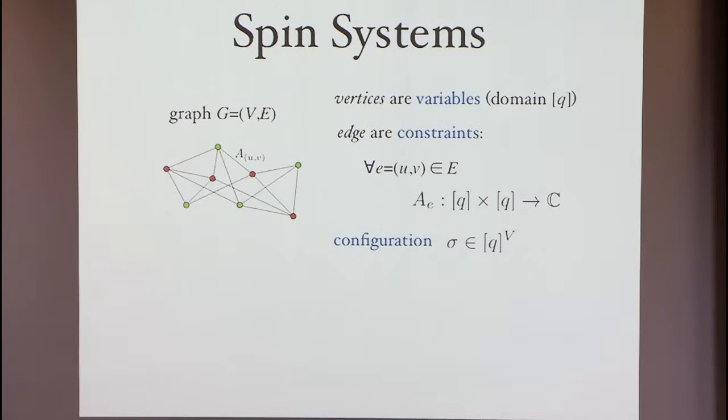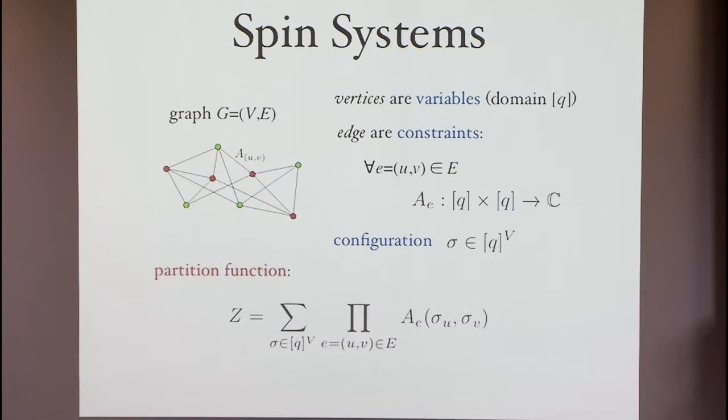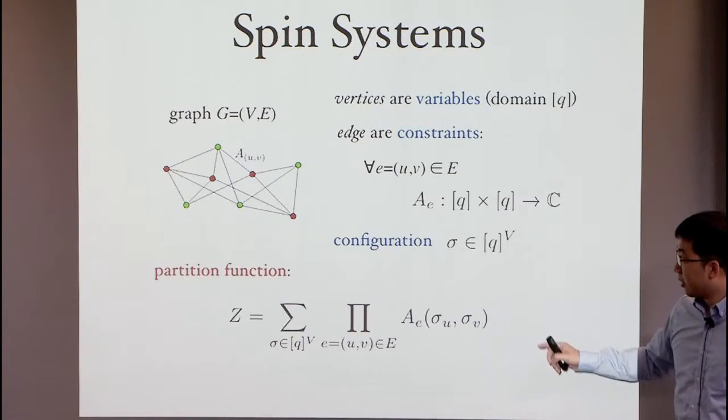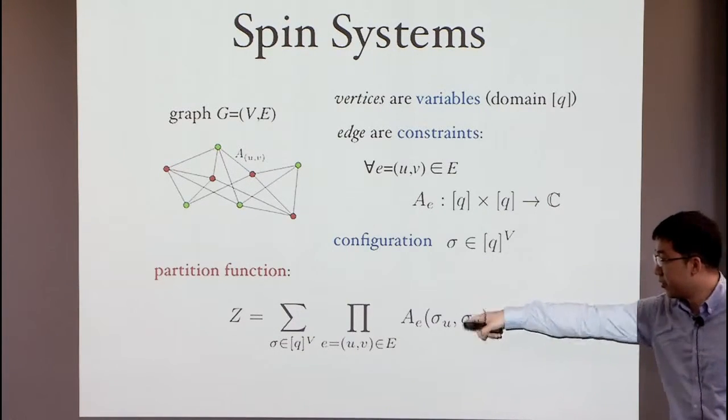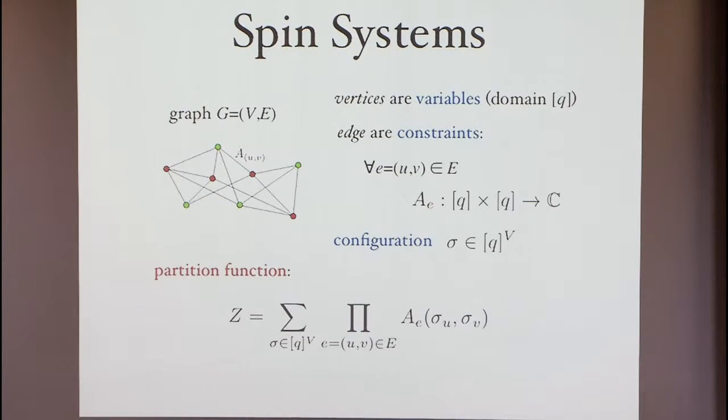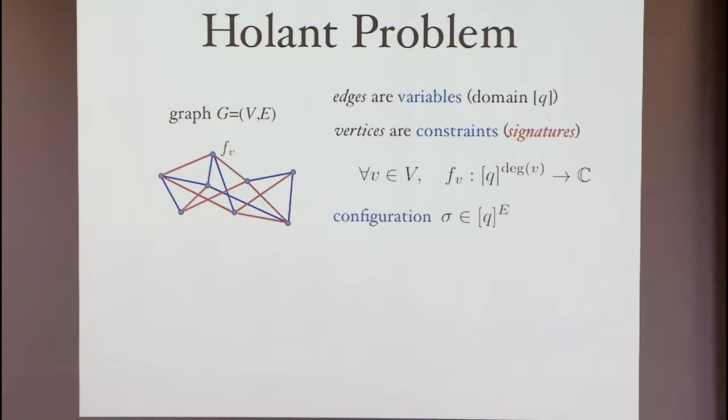Each edge is a binary constraint. So the weight of a configuration is given by this product, and the partition function is the total weight of all configurations.